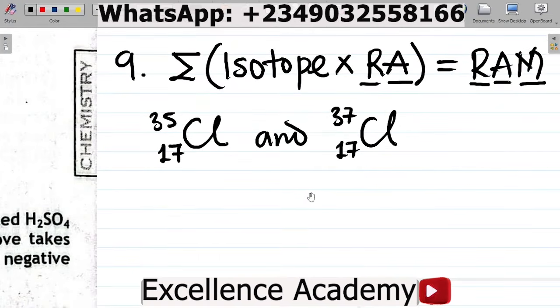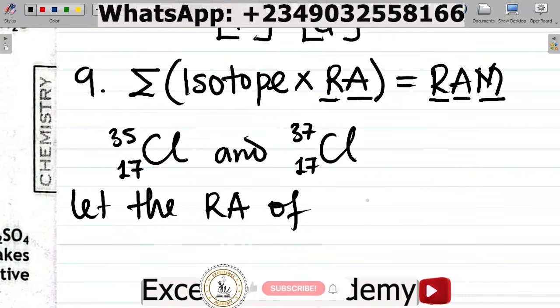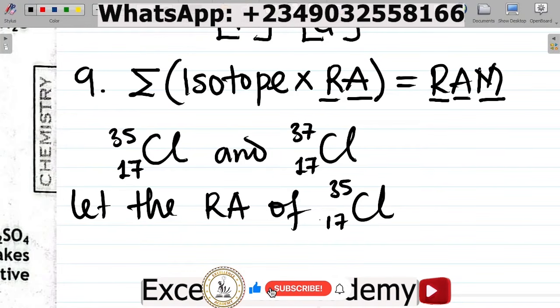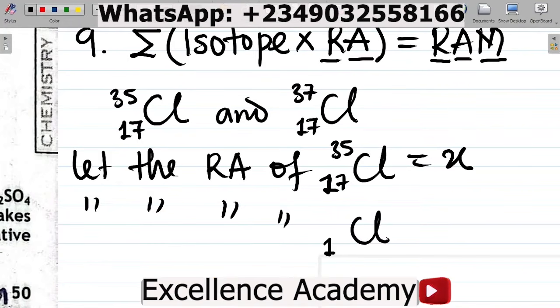Now let the relative abundance of chlorine 35 be equal to X, and let the relative abundance of chlorine 37 be equal to Y.